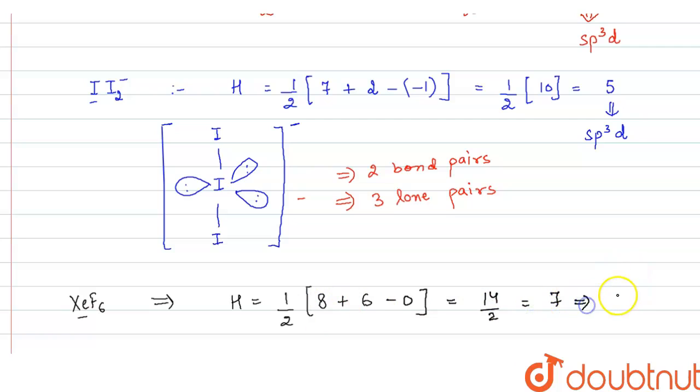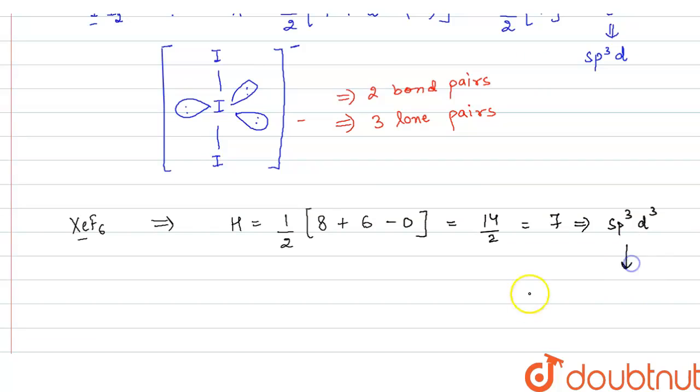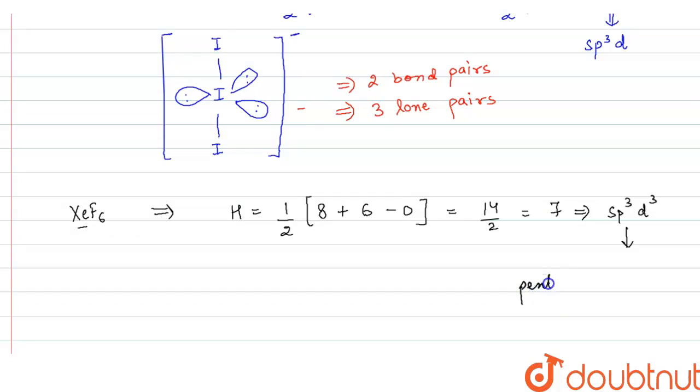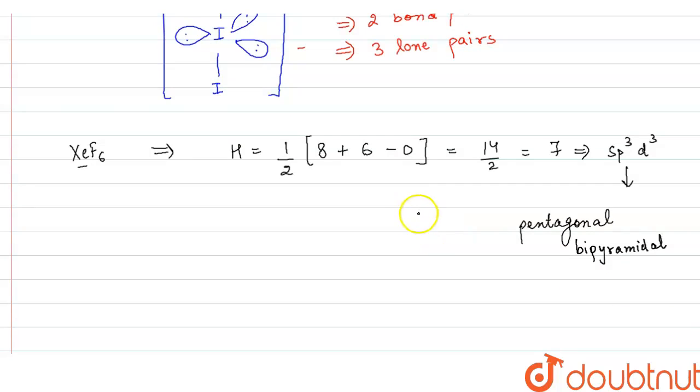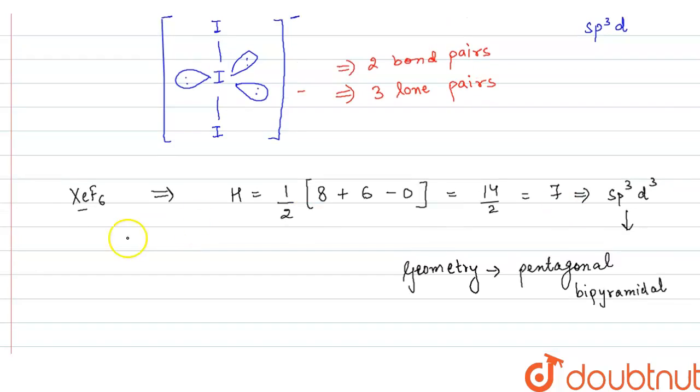Now for 7, the hybridization will be sp3d3, and for this hybridization the geometry should be pentagonal bipyramidal. This should be the geometry. Now if you look at XeF6, here we have only 6 fluorine atoms bonding with xenon.